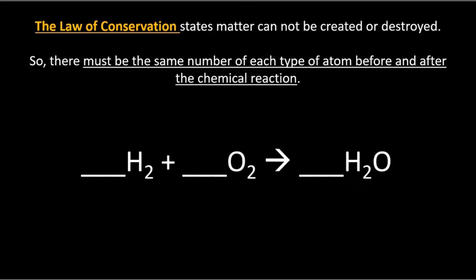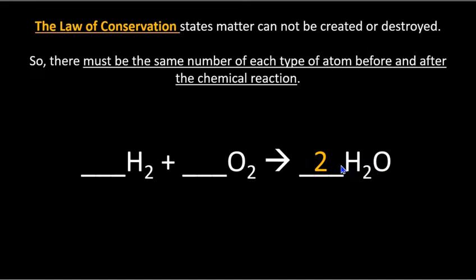Now remember, you cannot change the subscript, the little number there. That's what tells you the substance. You can only change numbers that go in front and multiply. Now, if there is one here and two here, what you can do is put a 2 right there. And that tells you, okay, now you have two oxygens.